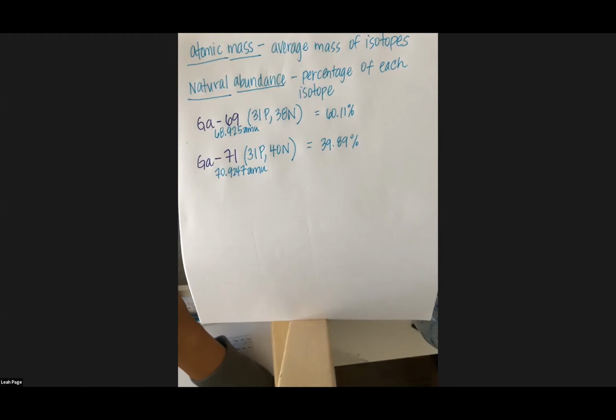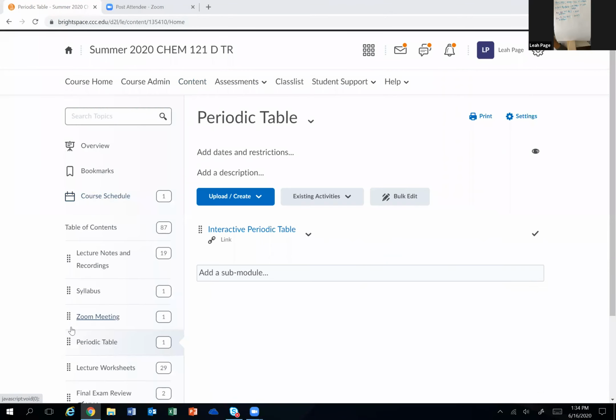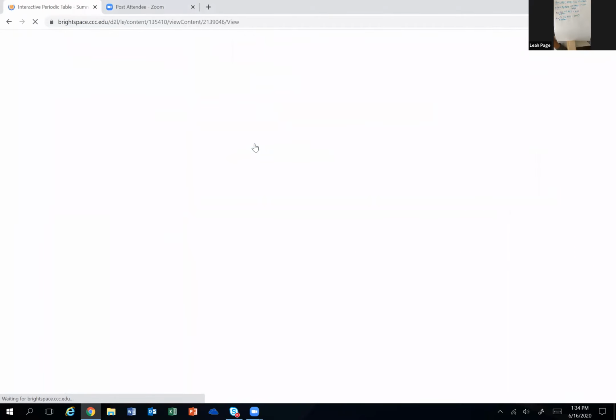Give me one second once I pull it up. All right, you guys can see my screen? Perfect. I just went to contents, then clicked on periodic table, and then interactive periodic table.